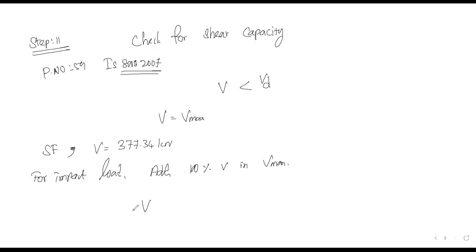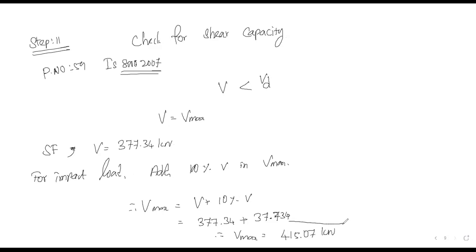So V max is equal to V plus 10 percent of V for impact. So 377.34 plus 37.734 kilonewton. Therefore, V max becomes 415.07 kilonewton.